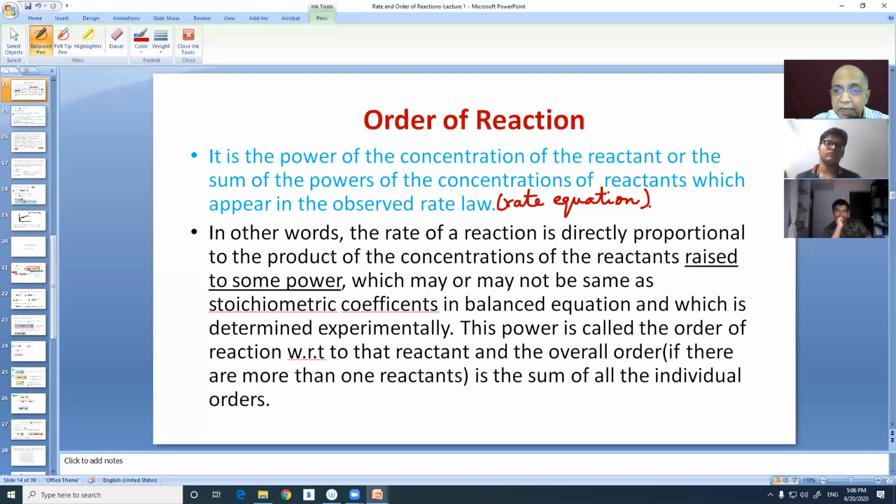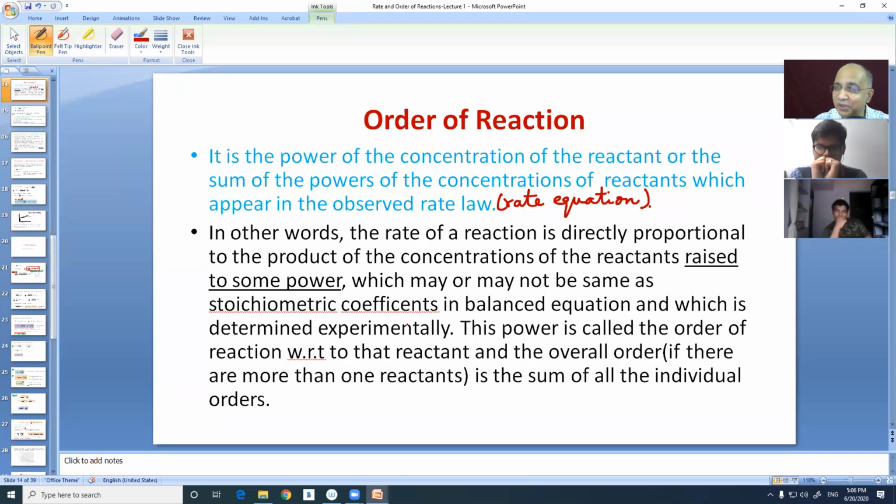In other words, the rate of reaction is directly proportional to the product of the concentrations of the reactants raised to some power. That's some power which may or may not be same as stoichiometric coefficients.